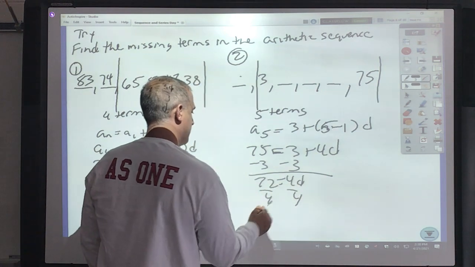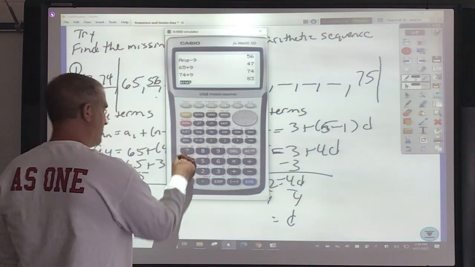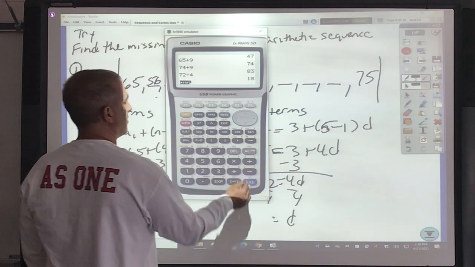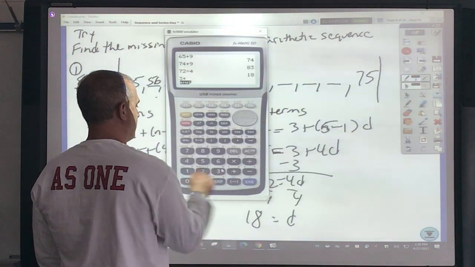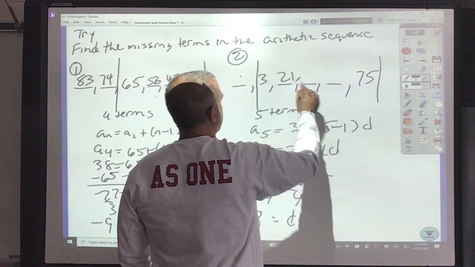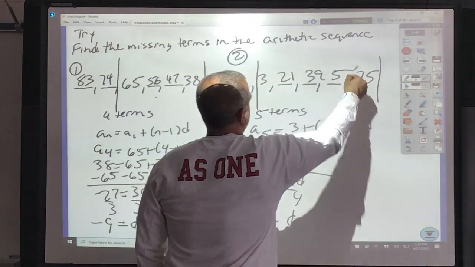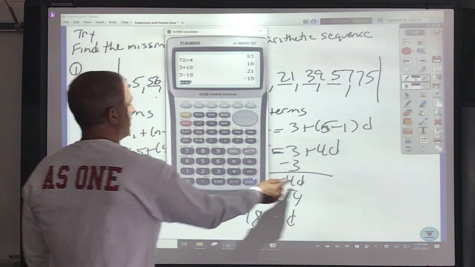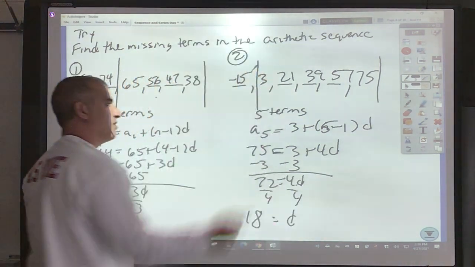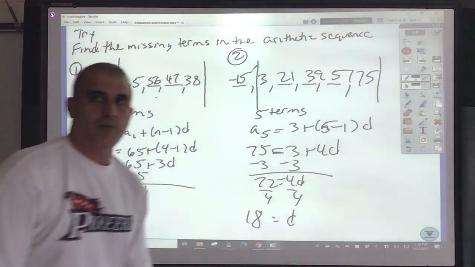Divide by 4. D, I think, is 18. Yep. So what I'm going to do is add 18 going this way. 3 plus 18 is 21, then 39, then 57. To work backwards, I would just do 3 minus 18. Get negative 15. So that's my pattern. Just check your pattern when you're done. And you add 18 all the way through.